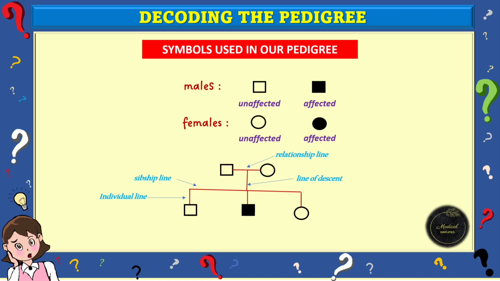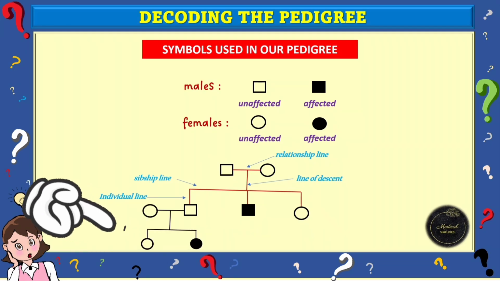This represents all the children, eldest child being on the left, with the youngest on the right end of the sibship line. Multiple generations can be represented in the same pedigree. For example, if the eldest in this pedigree is married, the pedigree can be extended like this. And their children will also be represented as shown earlier. These are the basic symbols which we need to understand the pedigree in question.